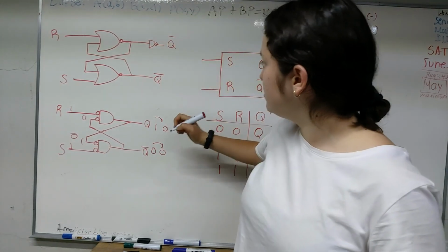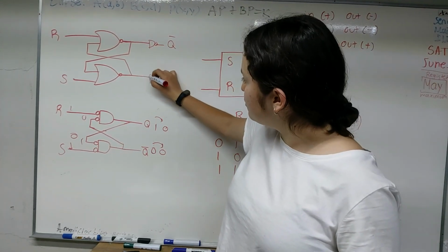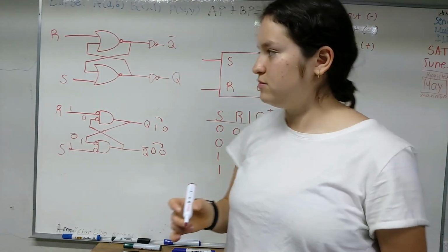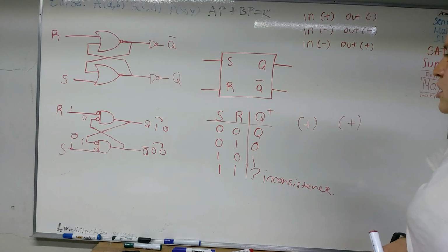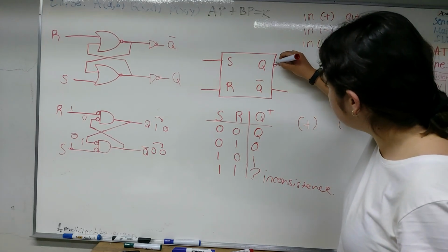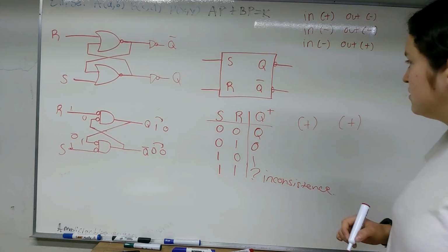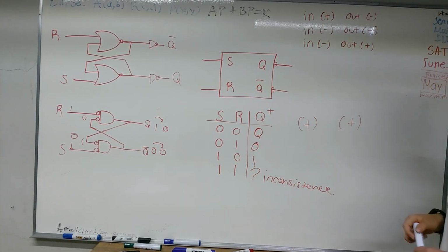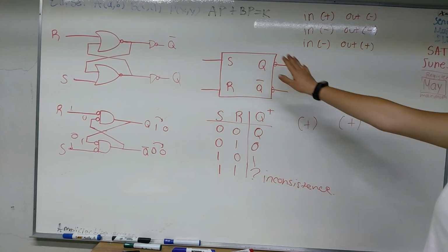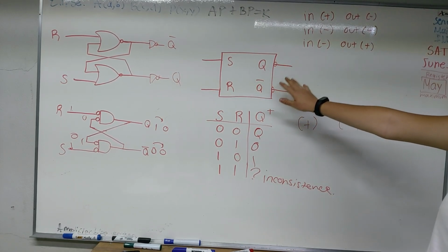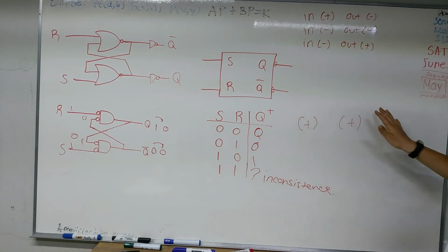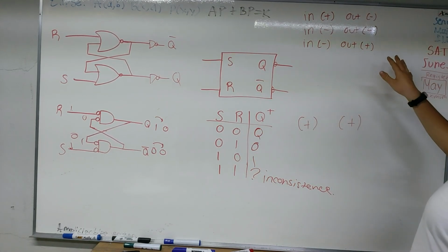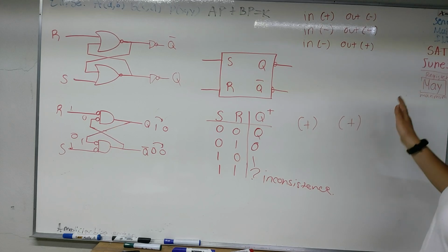So now here is Q denied, and here we could put another NOT, so now it is Q. So just by denying this gate in a fancier way, for a positive logic input we have a negative logic response.